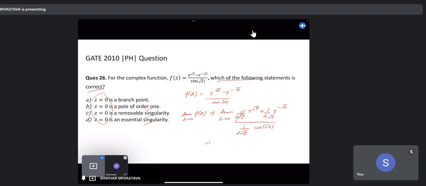The 1 by root 2 z cancels out from numerator and denominator. So we are left with 1 plus 1 upon cos of 0, which is 2. So you get a finite value. The limit of f(z) as z tends to 0 is the finite value 2. So you will say that z equal to 0 is a removable singularity. Option C is correct. In this way you can find out what kind of singularity it has. Is it clear?